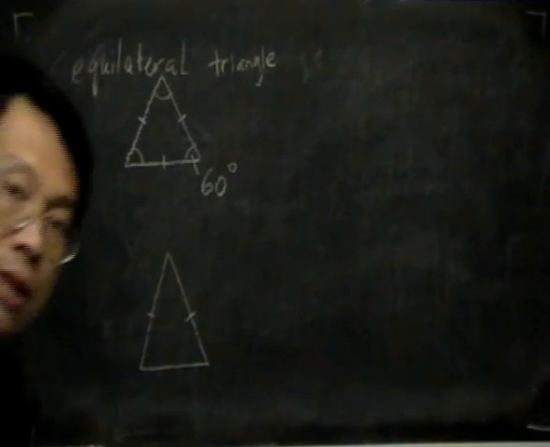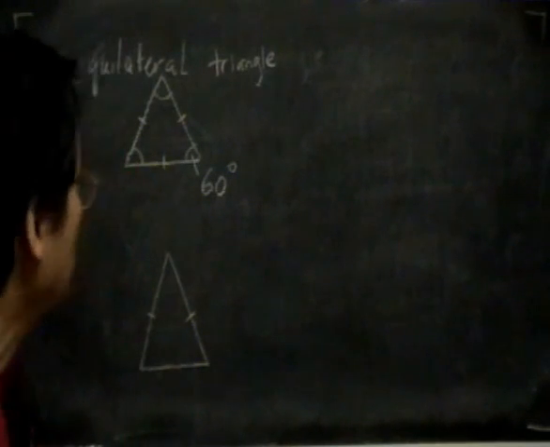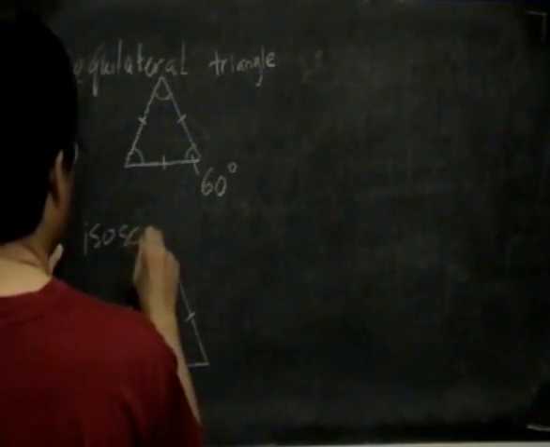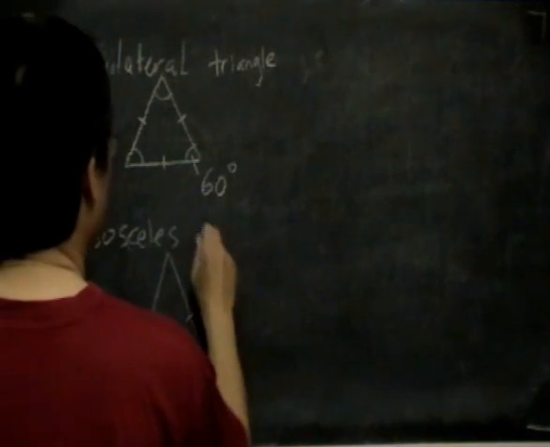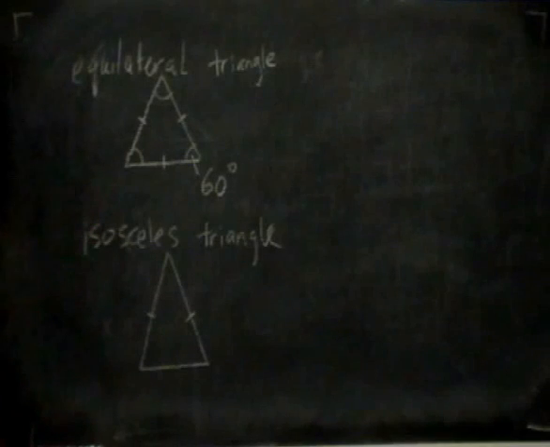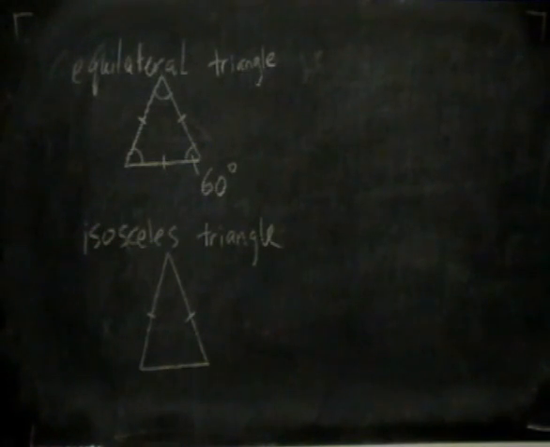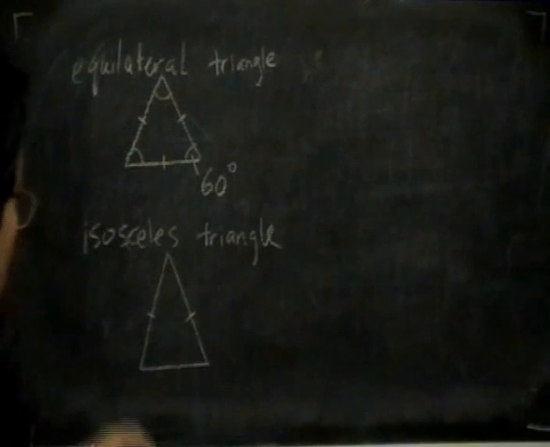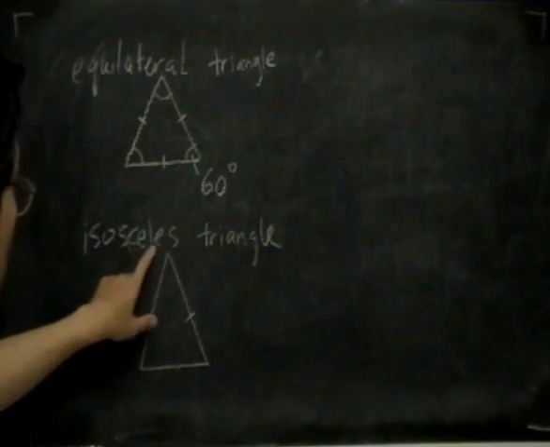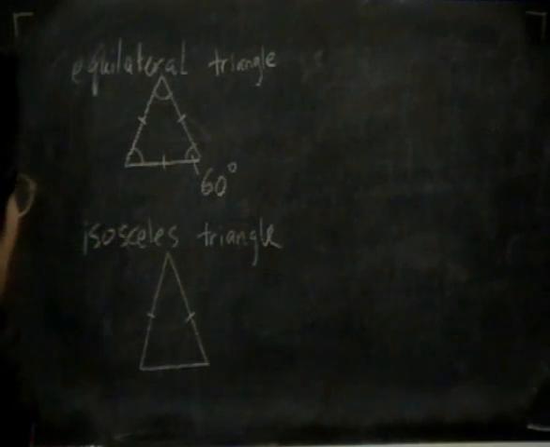Now this kind of triangle where two of the sides are equal is called an isosceles triangle. So that's how you spell it. Isosceles. Alright.